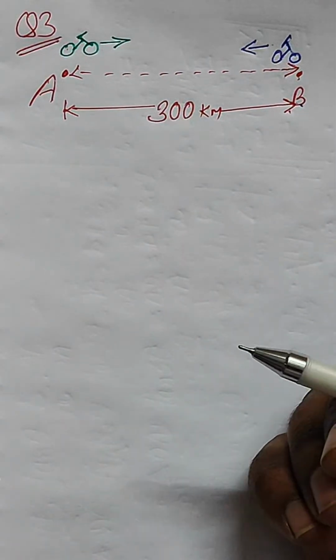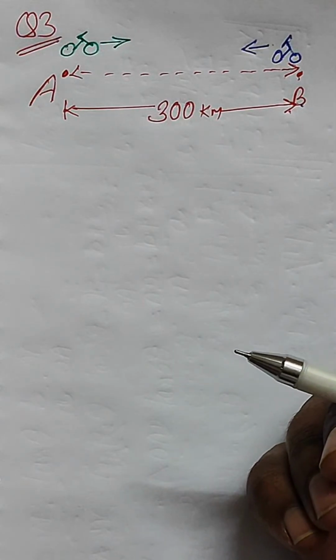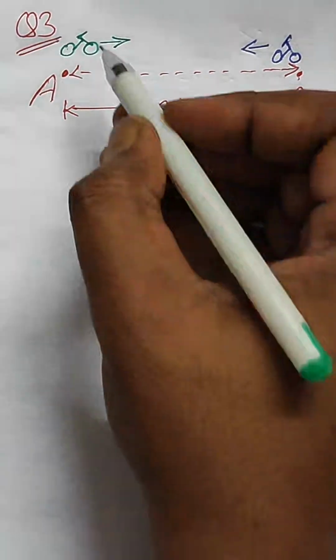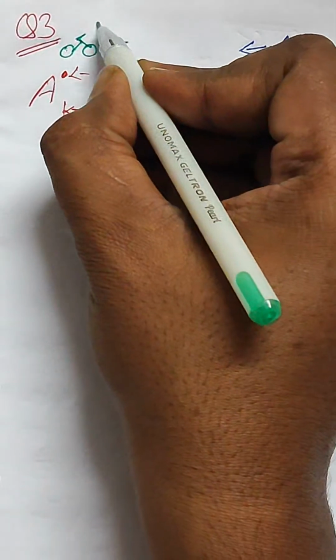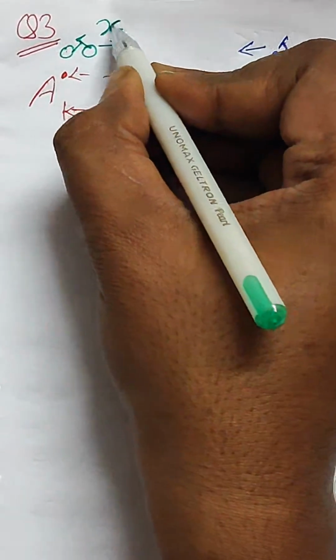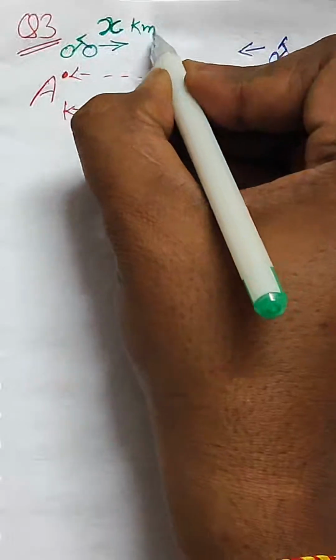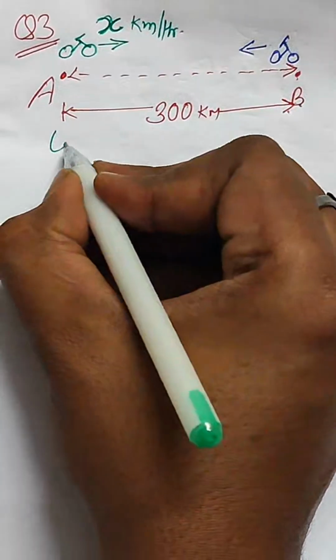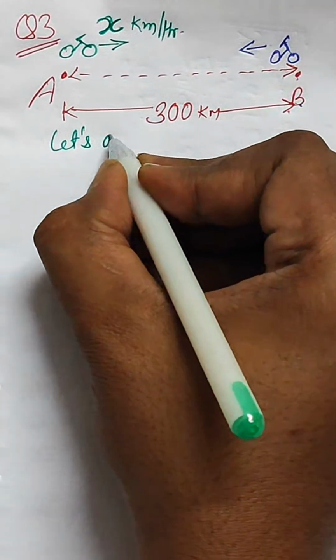Now the second part of the question is that the speed of one of them is 7 km per hour more than the other. So let us assume the speed of motorcyclist A is X kilometer per hour.